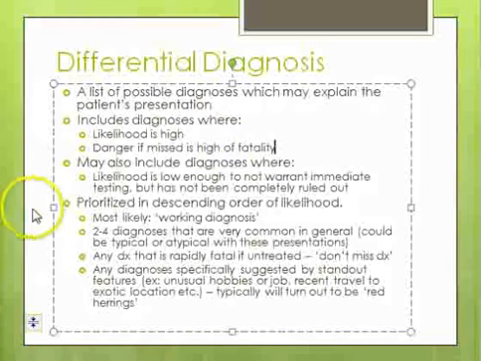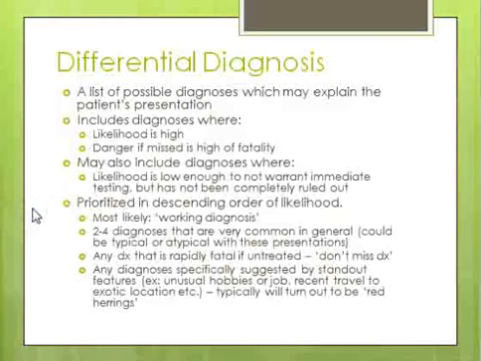For instance, if a patient presents with hematuria, probably the most likely cause would be something like a UTI or maybe a kidney stone, but bladder cancer should also be on your differential diagnosis list. So if somebody's coming in with hematuria, all three of those things should really be on your differential.